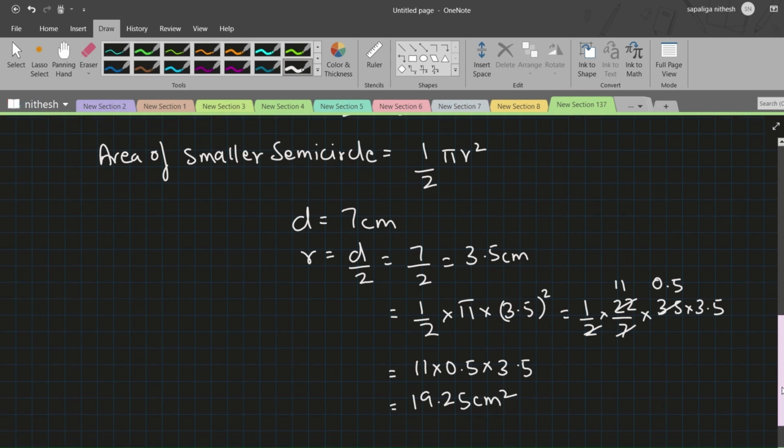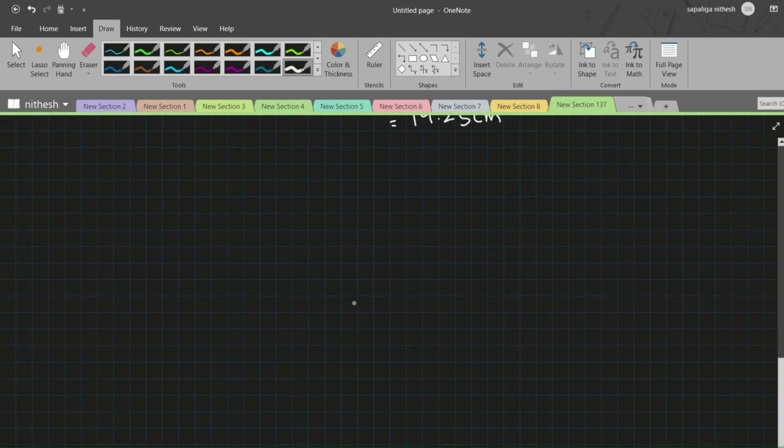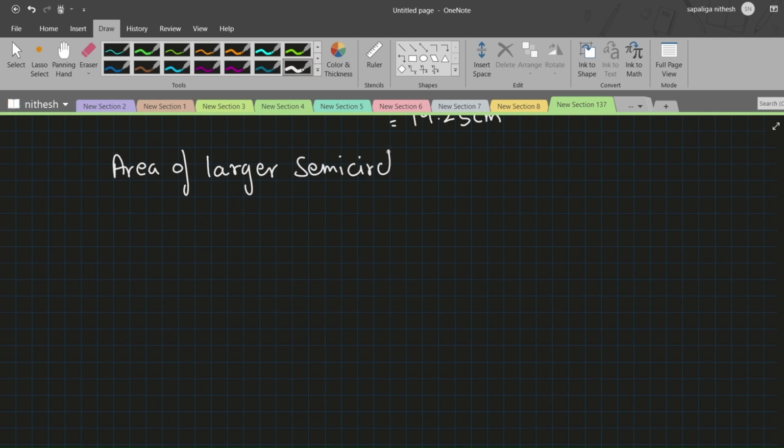Now we find the area of the larger semicircle, which is equal to half pi r square. The diameter of the larger semicircle was 14. So therefore the radius will be half of the diameter, 14 upon 2, which will give us 7 centimeter.